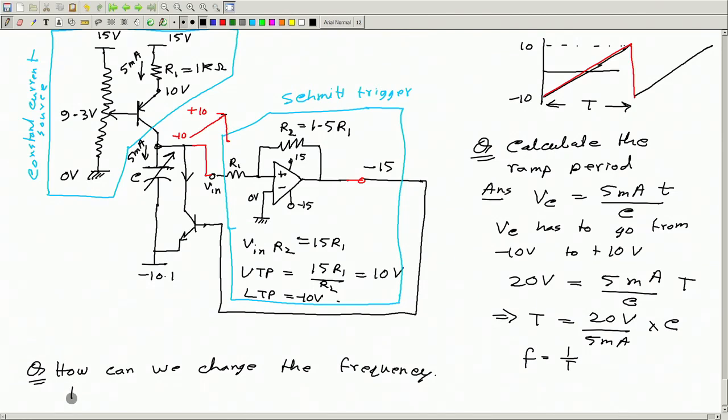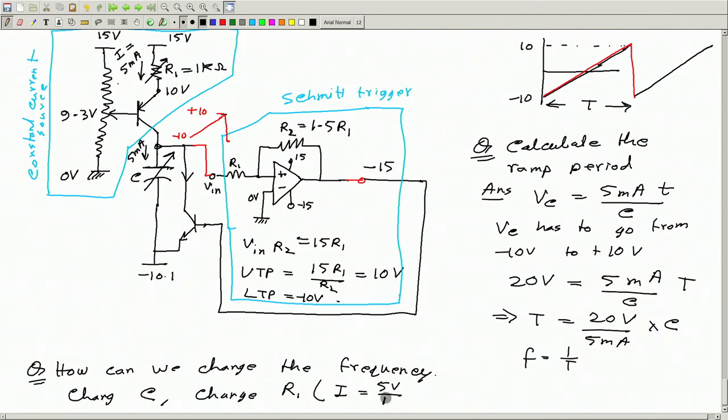So change C, or else what you can do, you can change this R1, because if you change R1, then this current, you call this current I, this current I is same as 5 volt by R1, right?